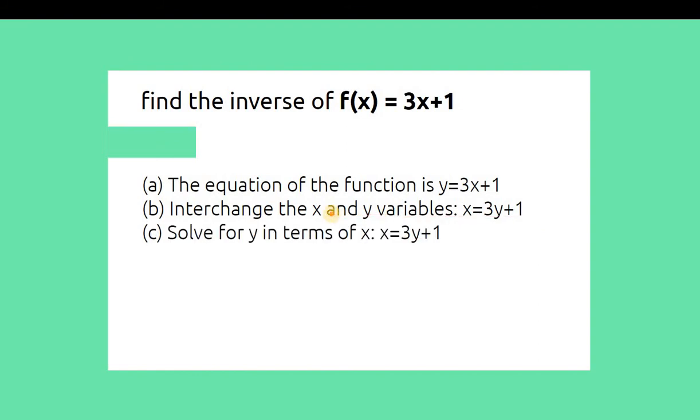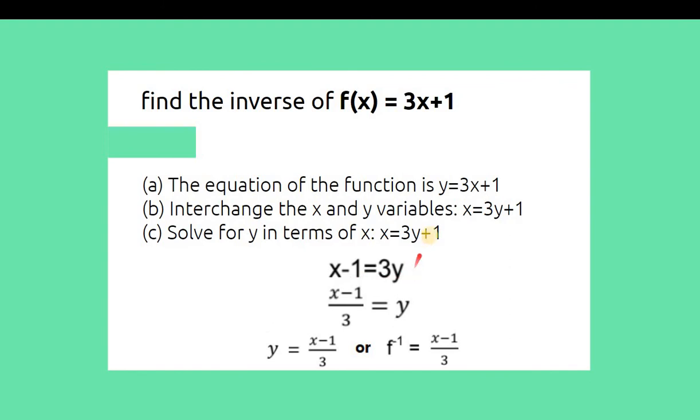And then C, solve for y in terms of x, and x is equals to 3y plus 1. So, ngayon, isosolve naman na natin yung y using these terms. So, paano? So, what's going to happen is this. Okay? Yung 1, itatranspose mo sa left side.